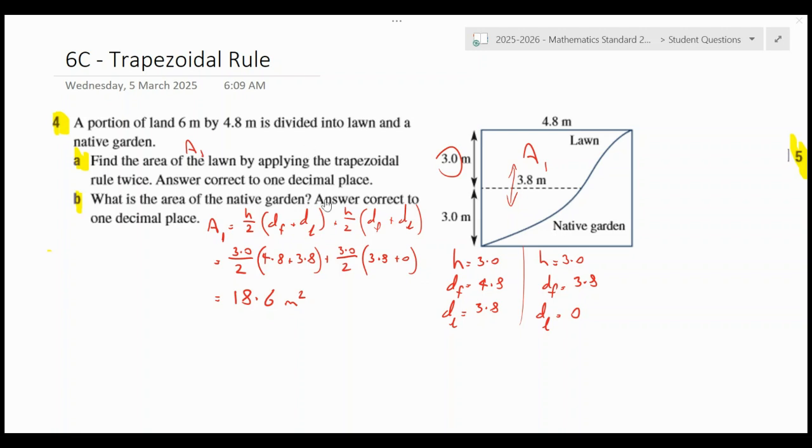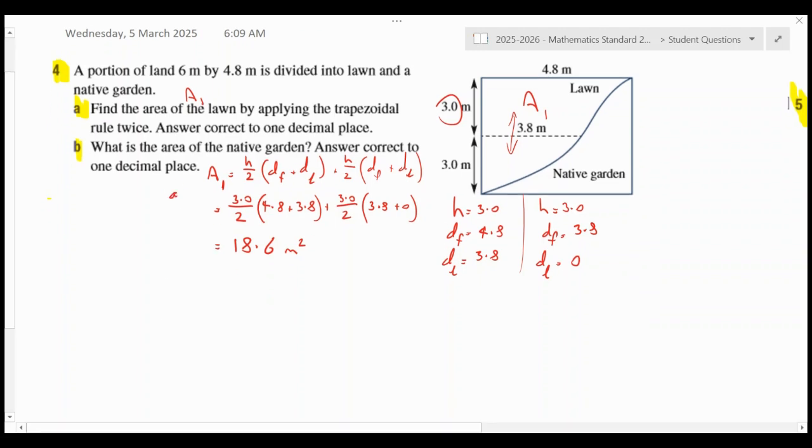I need to go back to the topic, so I need to go to the exercise answers. This is 6C. Let's scroll. There's A, there's B. Question 4, 18.6, yay for me. Nice to know I'm not completely nuts. So that's question A done.